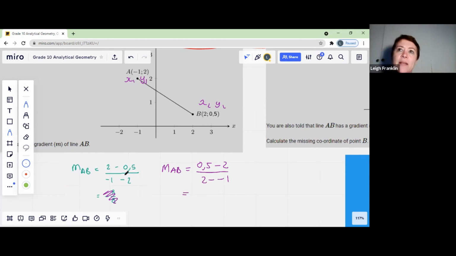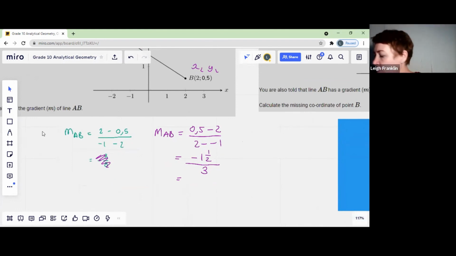So a half minus 2 is going to be -1.5, and 2 minus -1 is going to leave me with 3, and I obviously can't leave my answer like that. So if I have got 5 and I've divided that by 3, sorry, you are all perfectly correct, and I am obviously completely nutty.